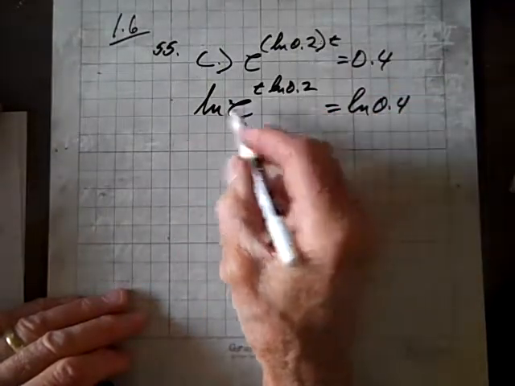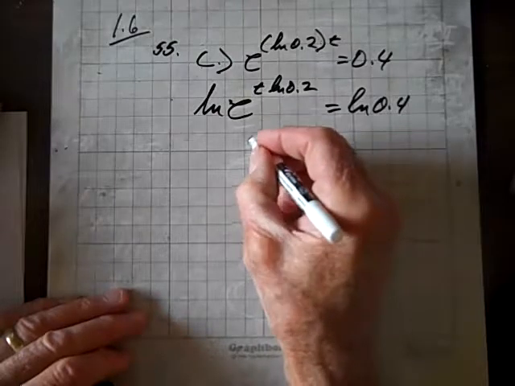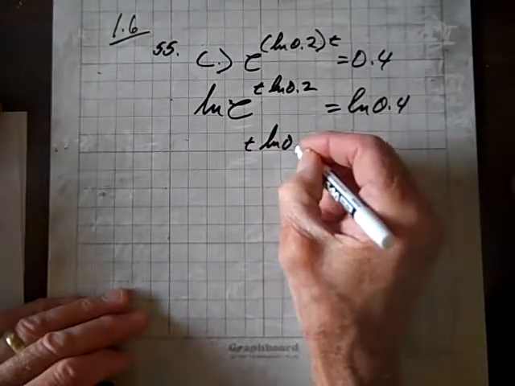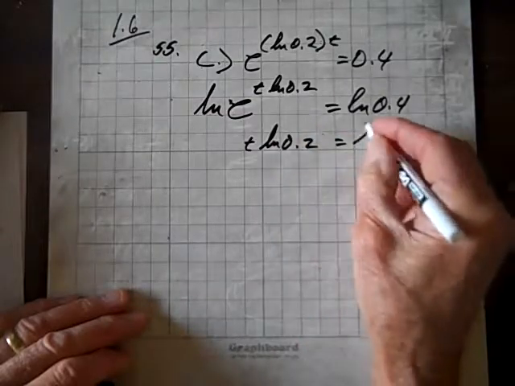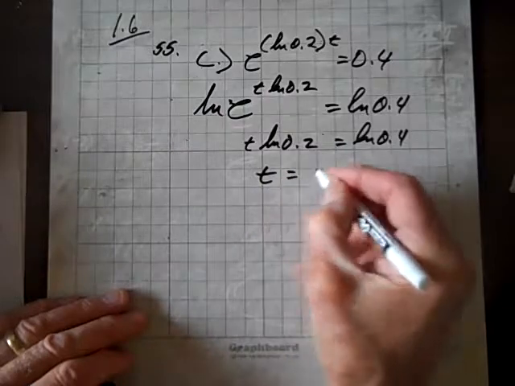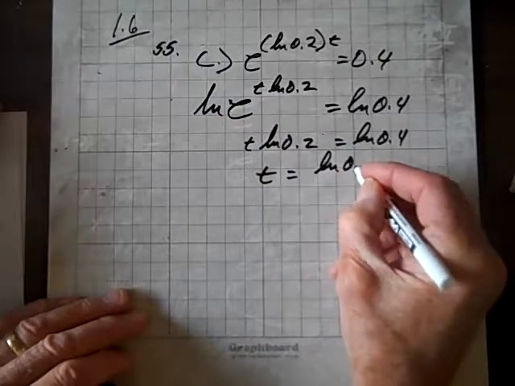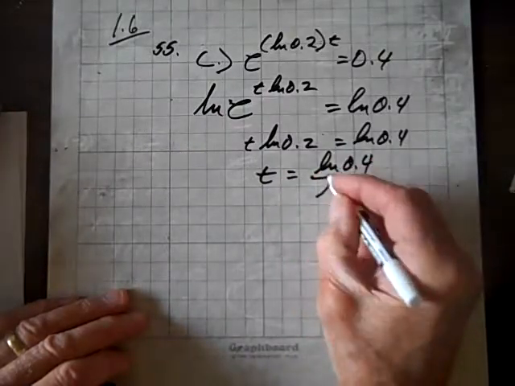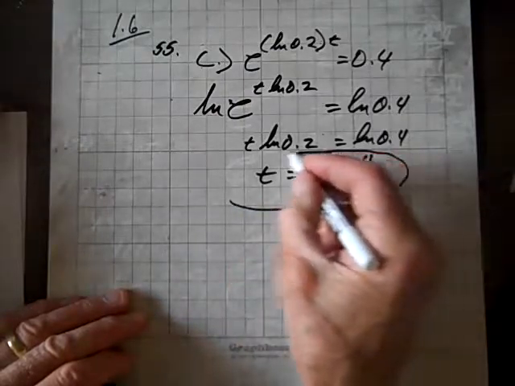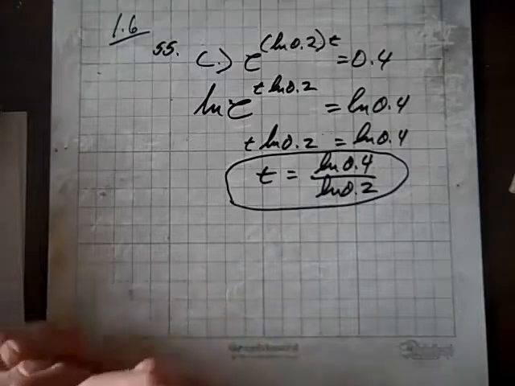So this is a composite of a function and its inverse, so now we have t ln of 0.2 equals ln of 0.4, and finally t equals ln of 0.4 over ln of 0.2, and that's a little quicker way to get to the solution.